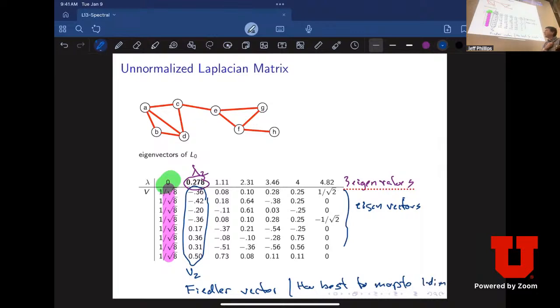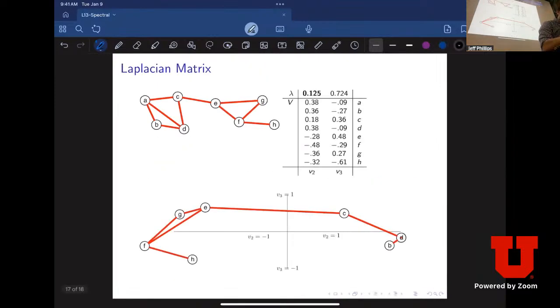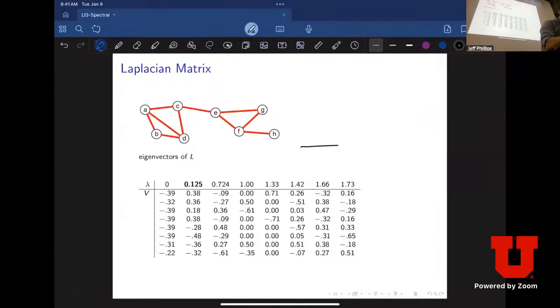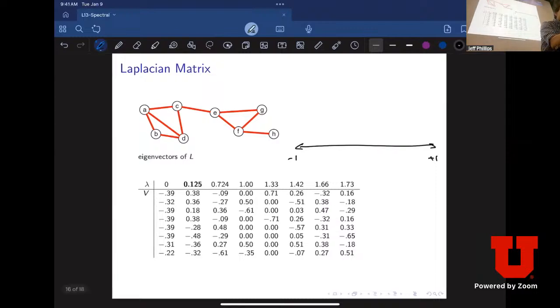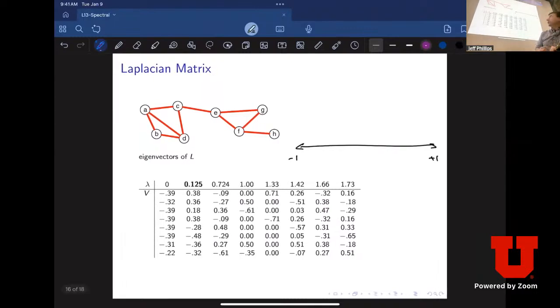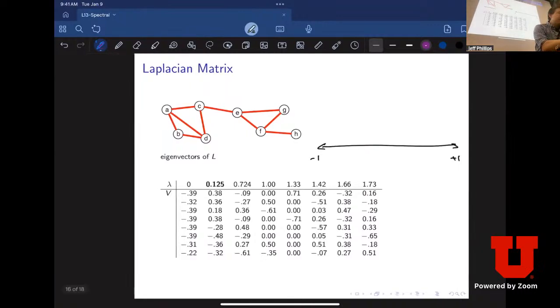It's basically telling me how best to map the vertices into one dimension. This is kind of a magical property. What I can do is think about drawing a line between basically -1 and +1, and then I'm able to write all the vertices onto this line using the Fiedler vector.